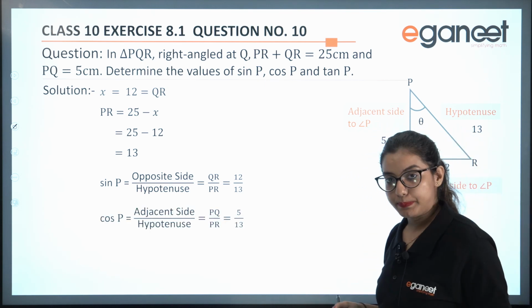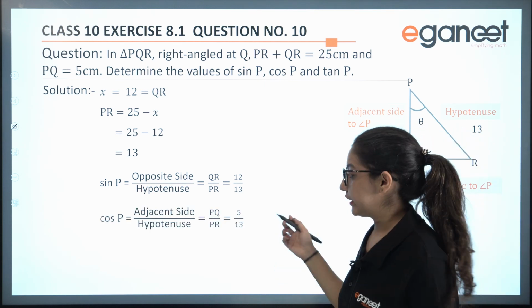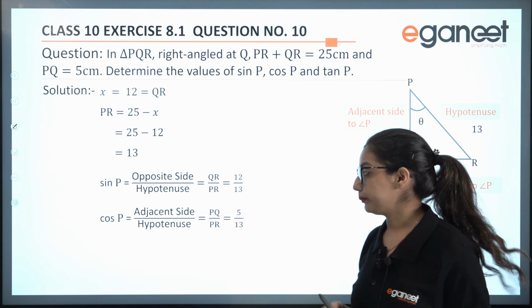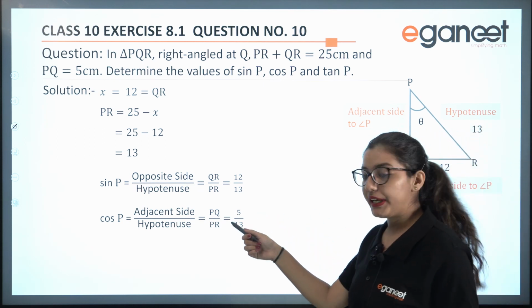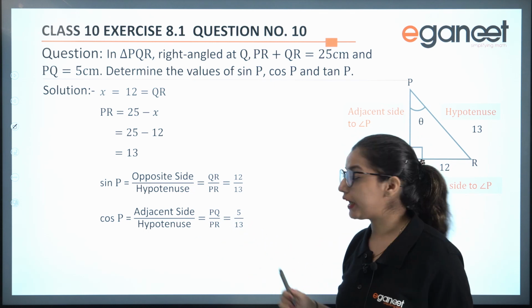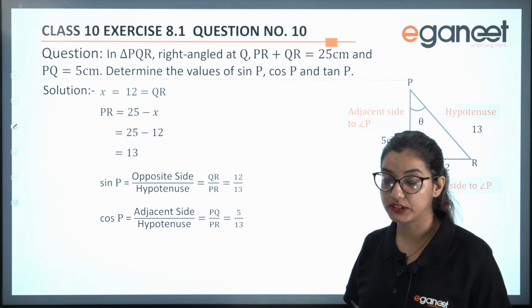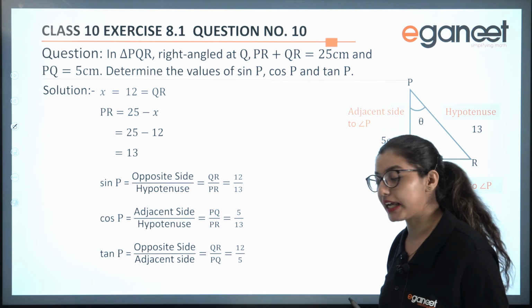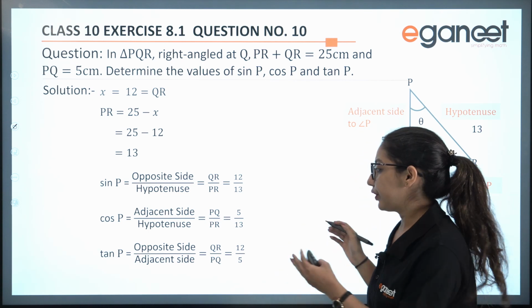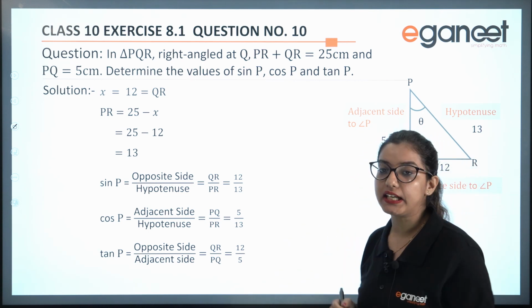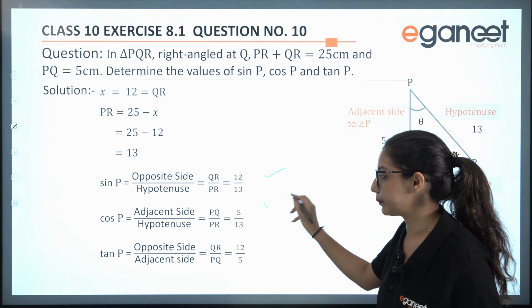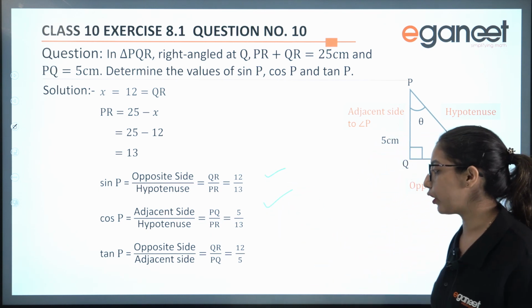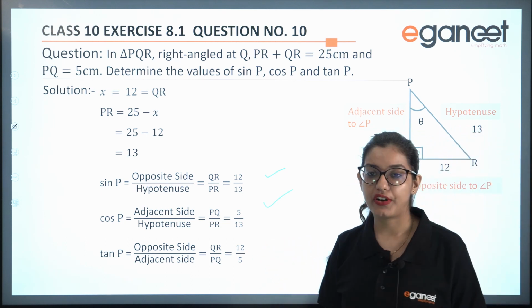Now cos P will be the ratio of adjacent side and hypotenuse. Here the adjacent side to angle P is PQ and hypotenuse is PR. So we got the ratio as 5 upon 13. And lastly, tan P is the ratio of opposite side and adjacent side. We can also take the ratio of sin P and cos P, okay. So we got it as 12 upon 5.